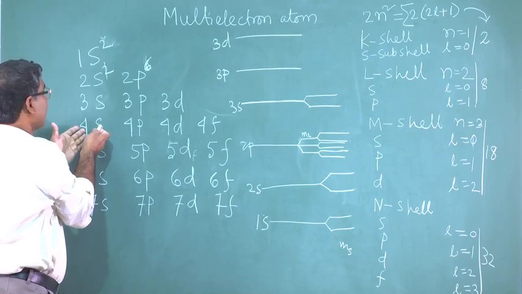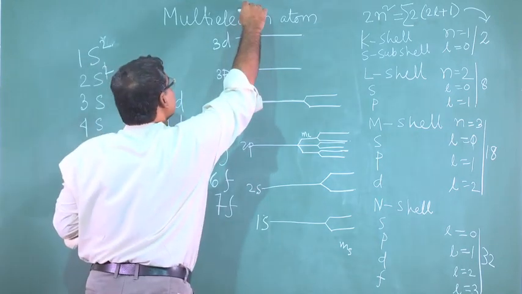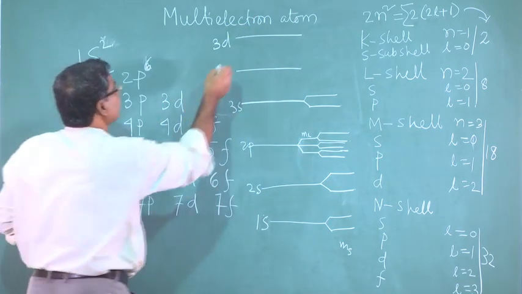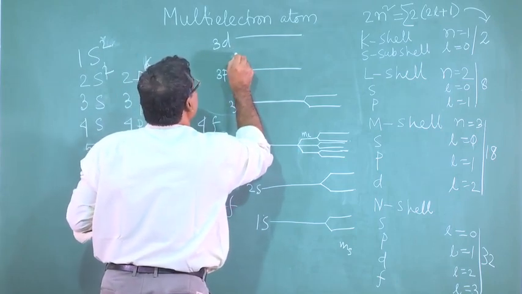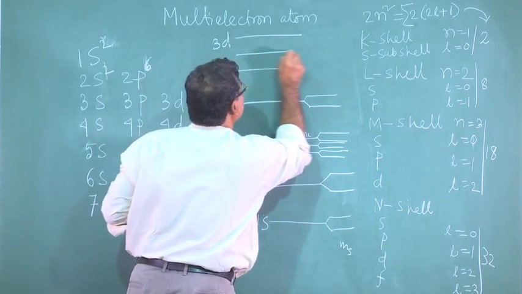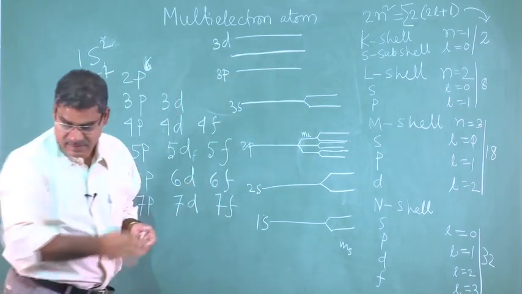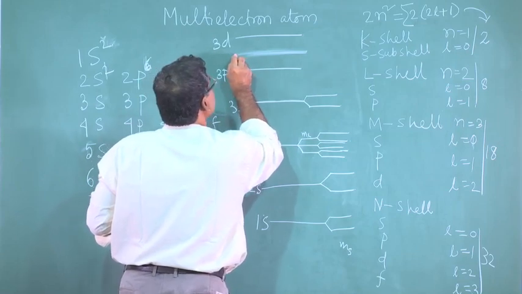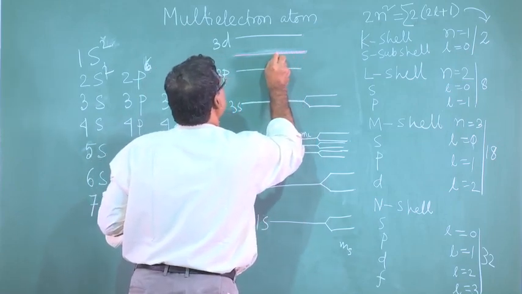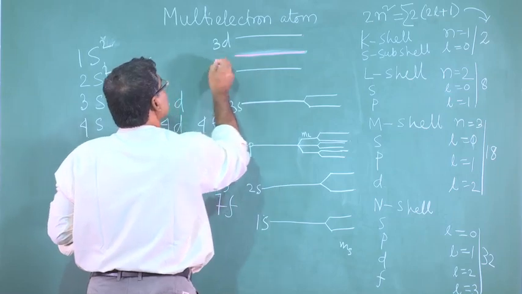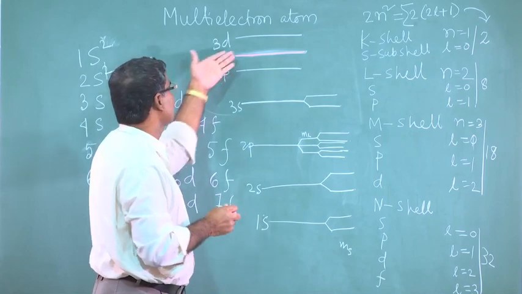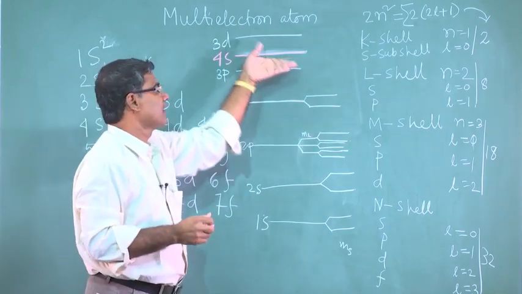Now, where will this 4s be? 4s is supposed to be here, since n is higher, but that is not the case. 4s is really below the 3d. So, the energy of this 4s is lower than the 3d level.